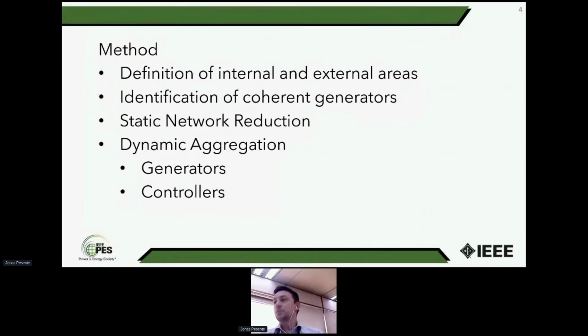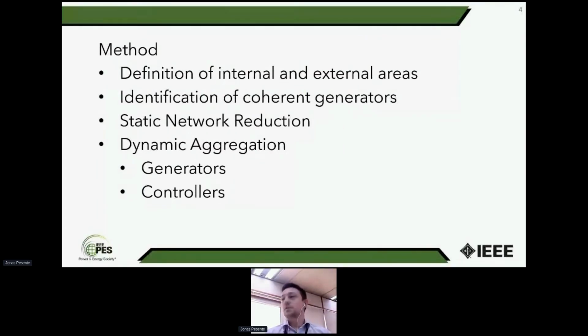The second step is the identification of the current generators that can be aggregated into a single generator, and its dynamical behavior will be preserved. The third step is what we call the static network reduction, where the elements that do not perform dynamical phenomena can be reduced to single elements.